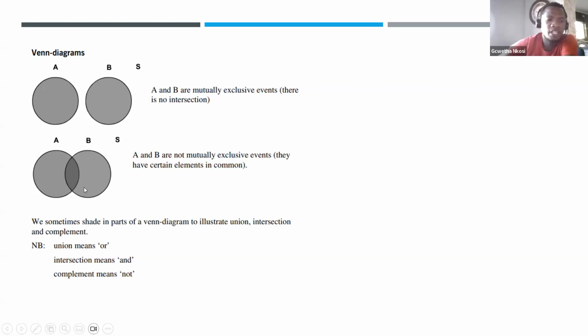It means they have elements that are common to A and B. In the first diagram, they don't have common elements, so we say they are mutually exclusive. I hope we are still together.